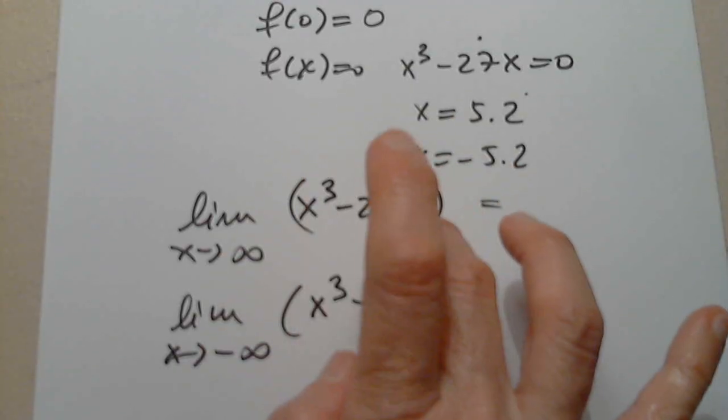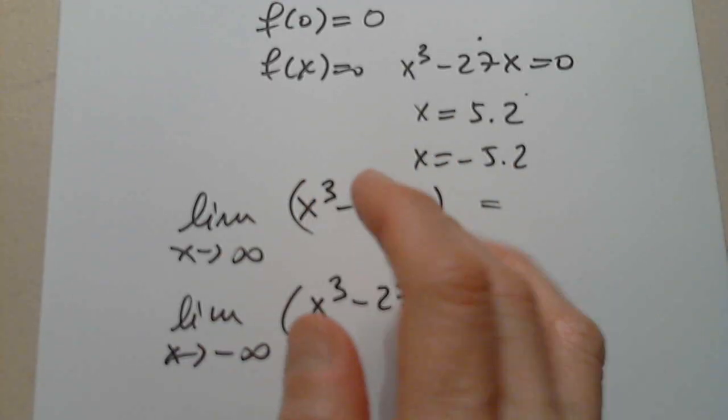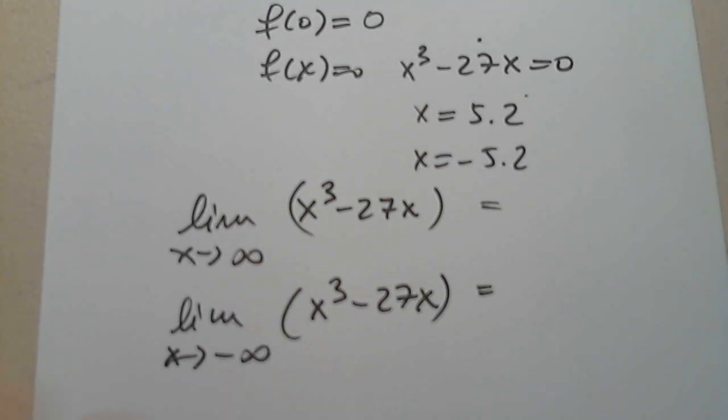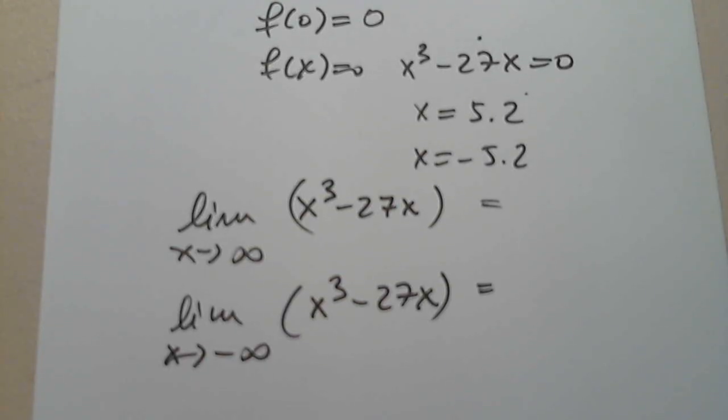Which of these two terms is the most powerful one? It's a silly question, honestly. Is it x cubed or is it 27x when it comes to infinity? The cubed.